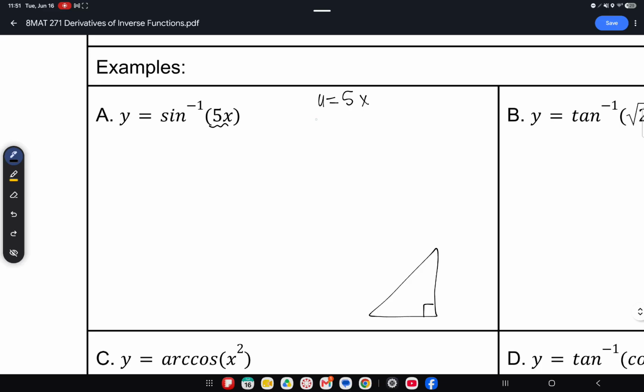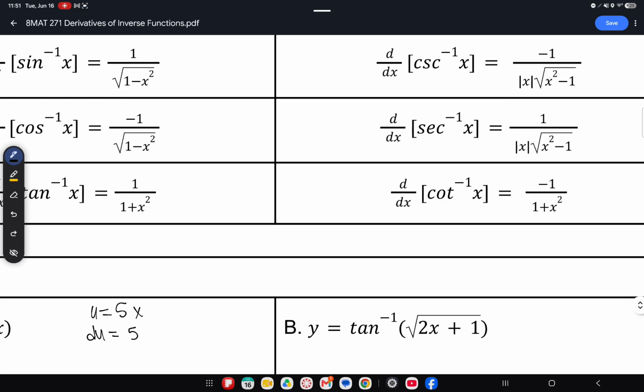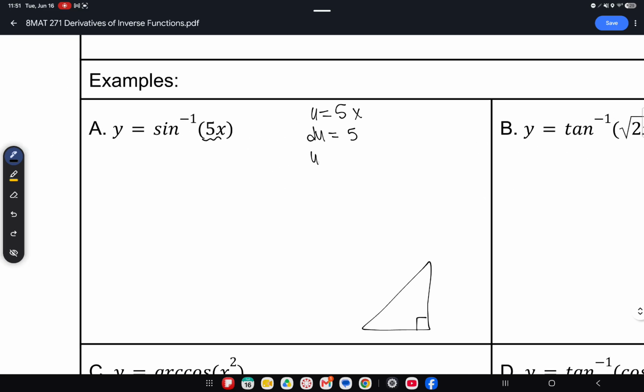So that means our derivative, du, is going to be 5. And because of the way these formulas are, they all have x squareds in them, so we probably have to do some form of u squared. So if u is 5x, then u squared is going to be 25x squared.